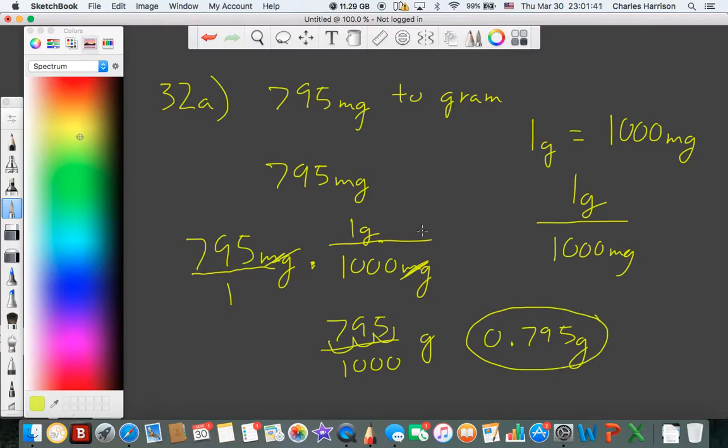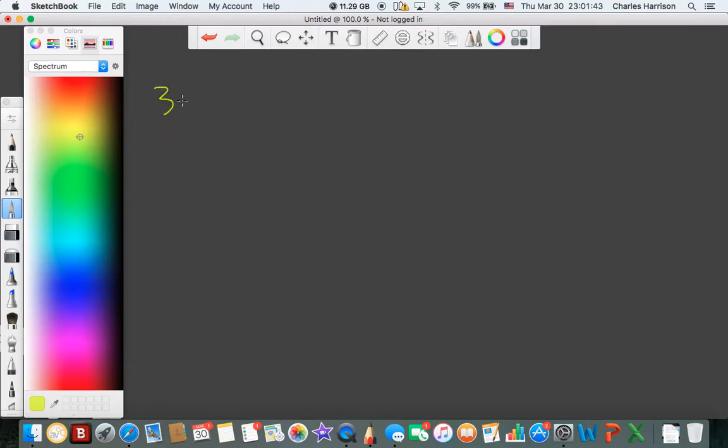All right, next one, 32B. We have 2.75 kilometers, and we're going to convert it to meters.